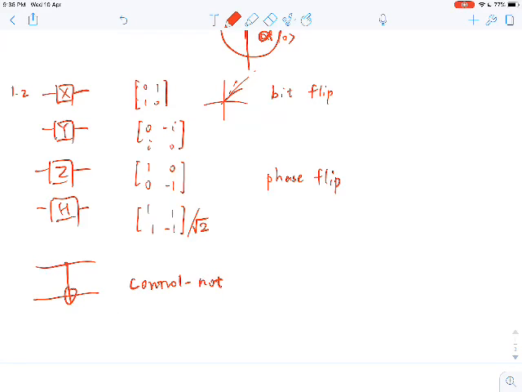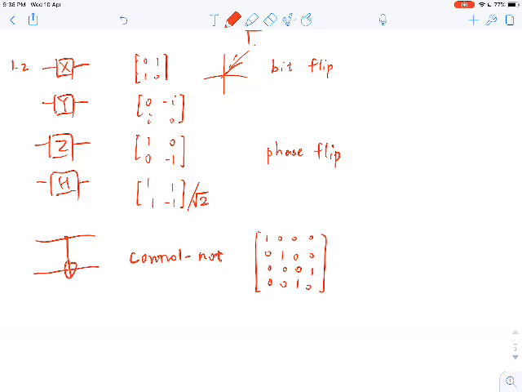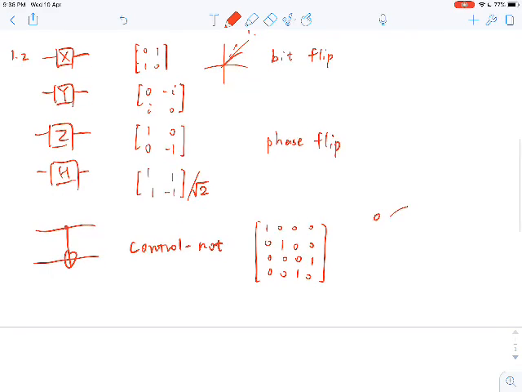The matrix form is 1 0 0 0, 0 1 0 0, 0 0 0 1, 0 0 1 0. It means that if the first qubit is 0, then we do nothing to the second qubit. If the first qubit is 1, we flip the second qubit from 0 to 1, from 1 to 0.